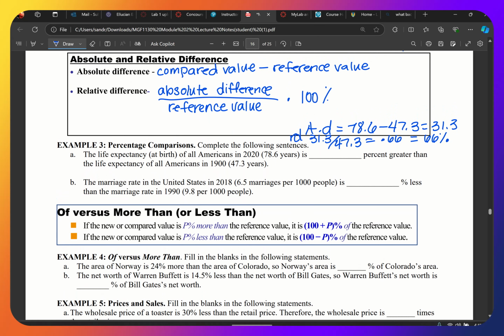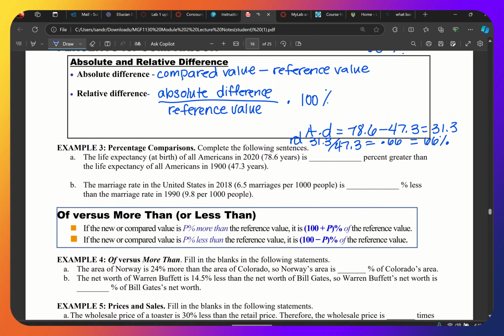Yeah. I got sidetracked. 66%. So the relative difference is 66% of the original one, to determine more than or less than. So for more than, it's that percentage plus 100, because that is how much more than the reference value it is. This will be 166% greater than the life expectancy, which makes sense.